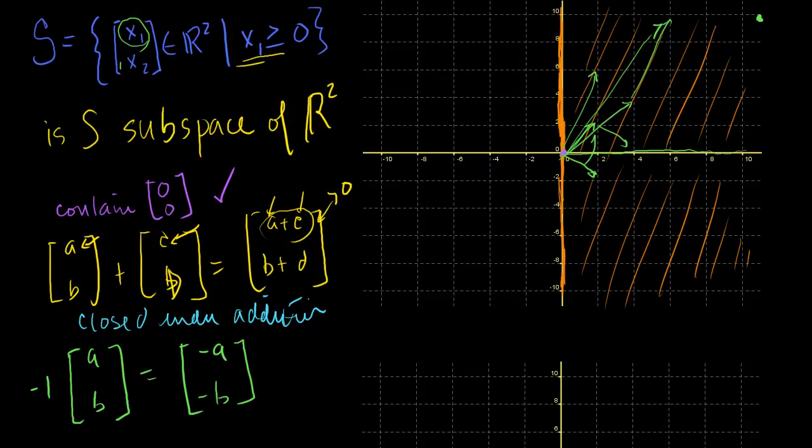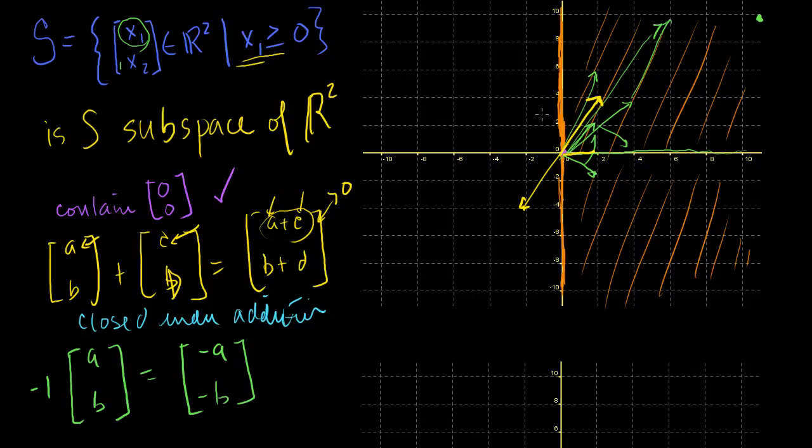If I were to draw it visually, say (A, B) was the vector (2, 4), it's like this. When I multiply it by -1, I get this vector, which you can visually clearly see falls out of our subspace, if we view these as position vectors.